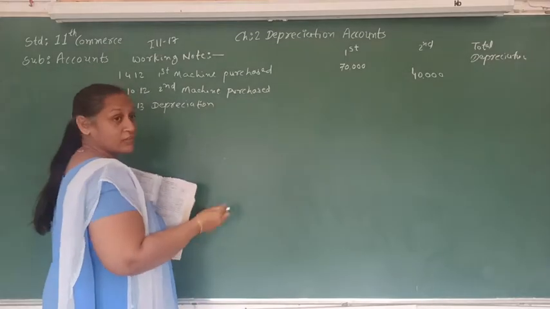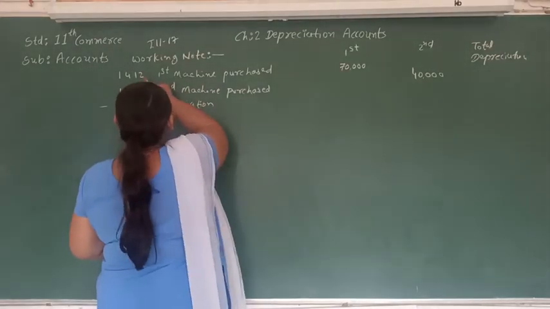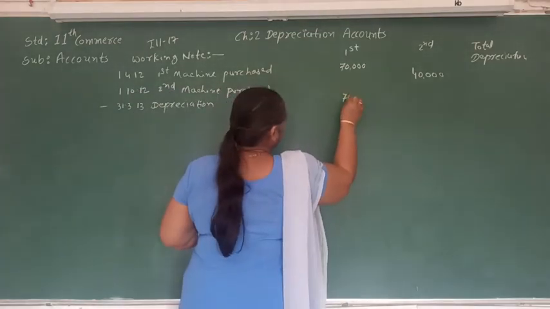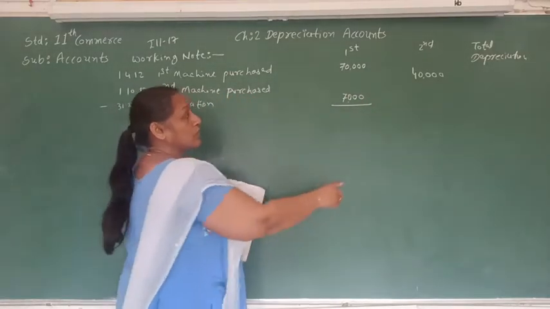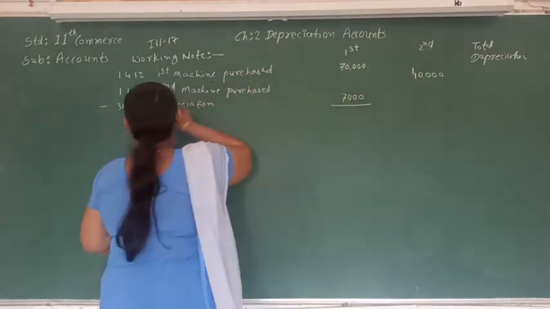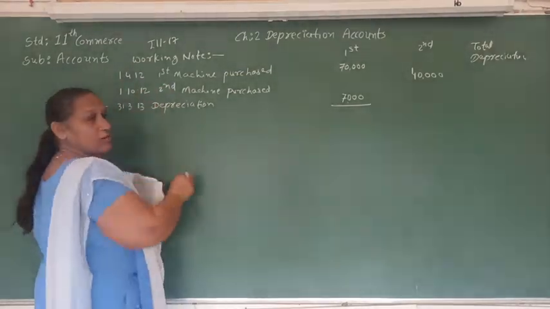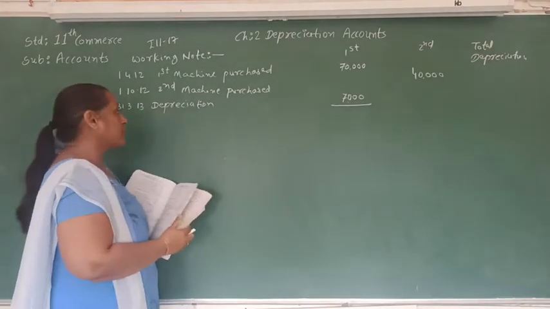Depreciation for the first machine will be calculated for the whole year, that is 1/4 to 31st/3, at the rate of 10%, 7,000. And for the second machine, we have to calculate the depreciation only for 6 months, as it is purchased on 1/10. So from 10 to 3, it will be for 6 months.